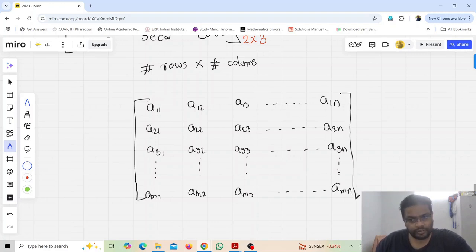So, can you tell me what is the order of this matrix?